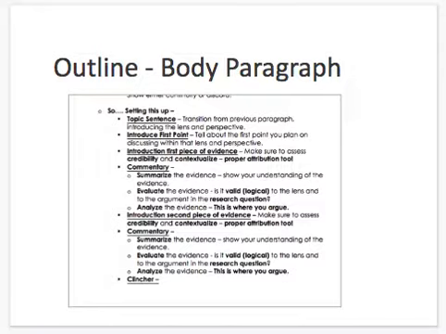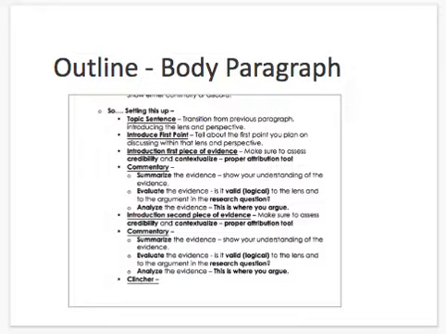Then you're going to introduce that first piece of evidence. So you are going to contextualize your piece of evidence using our tool, and then you're going to actually put our tool in there. The first thing you're going to do is summarize in your comments, and we'll talk more about that tomorrow. Then you'll put your piece of evidence.